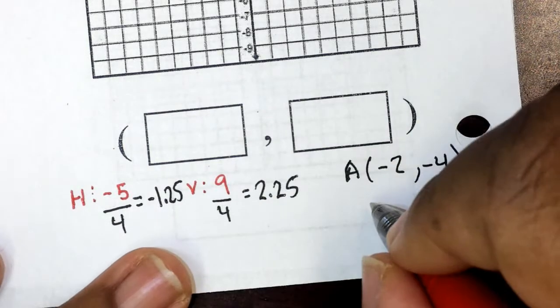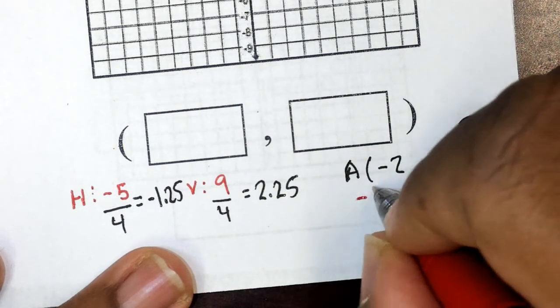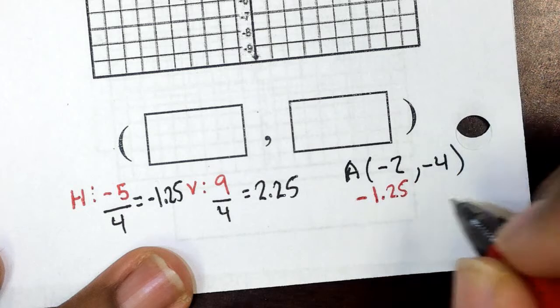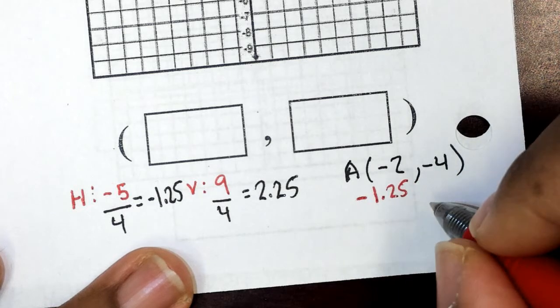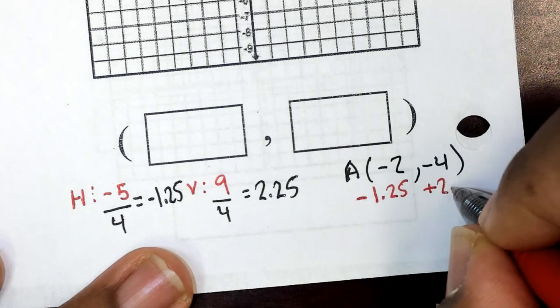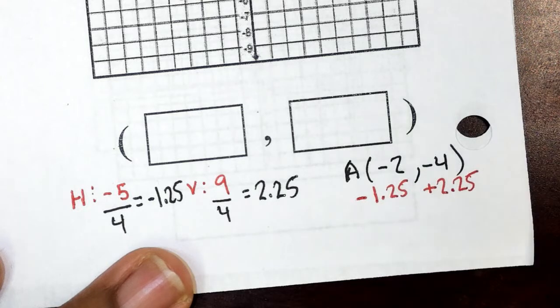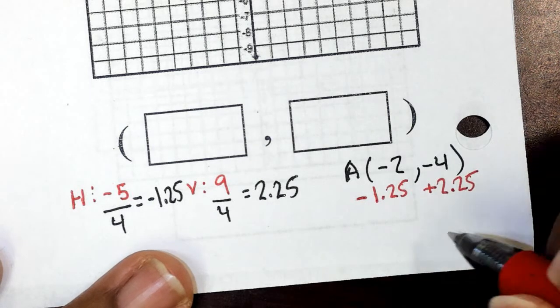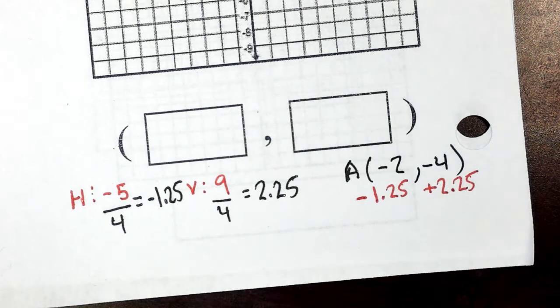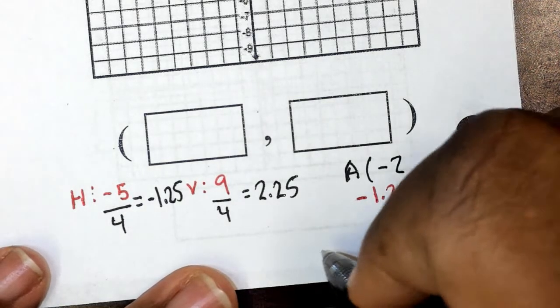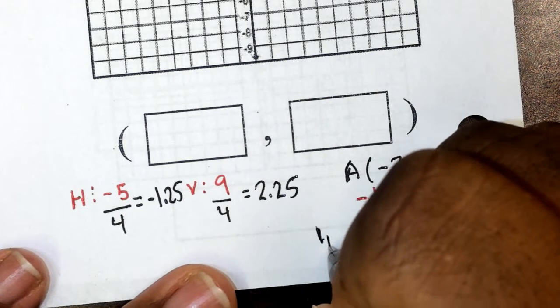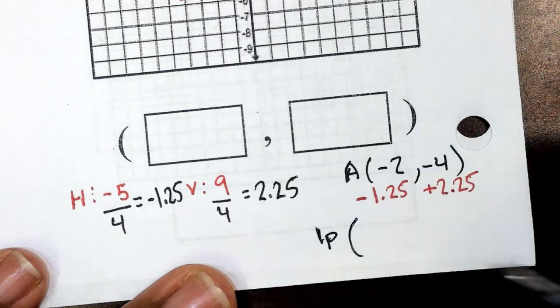My horizontal change was minus 1.25, so I need to subtract 1.25. And then I had a positive 2.25, so plus 2.25 for vertical. Obviously you're going to need the calculator, but once you put it in your calculator, you'll see what your answer is.